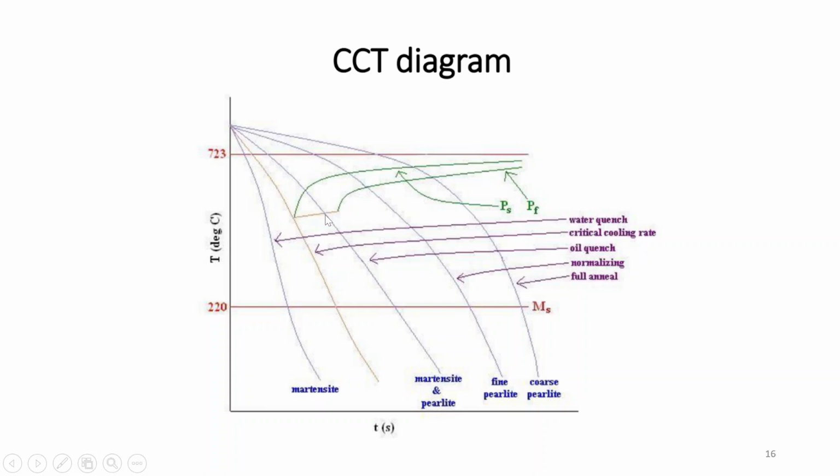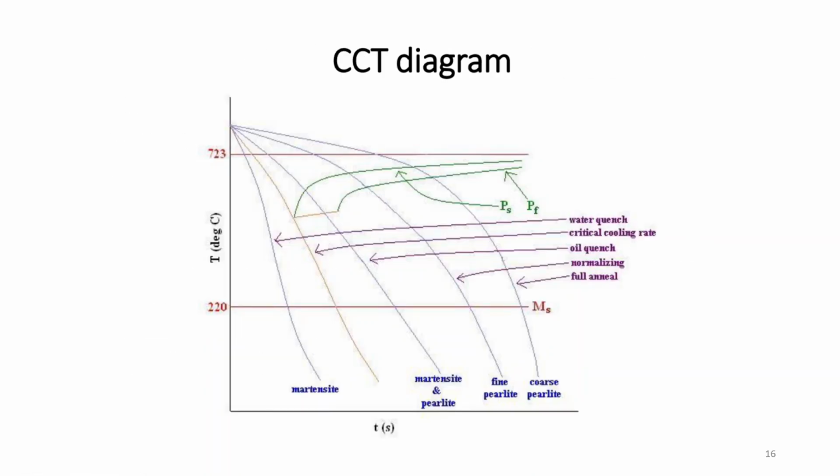If you have a cooling rate lower than the critical cooling rate, then you will be forming martensite plus pearlite, and lower than that you are getting fine pearlite, and then on the lower side you will be getting a coarse pearlite type of structure, which is in case of full annealing. In case of normalizing you are getting fine pearlite.